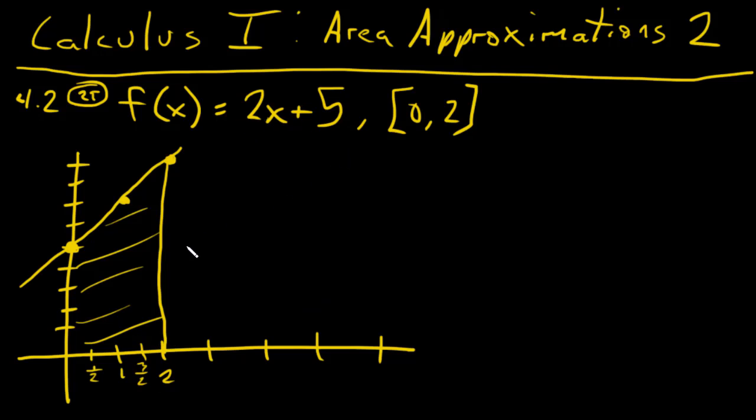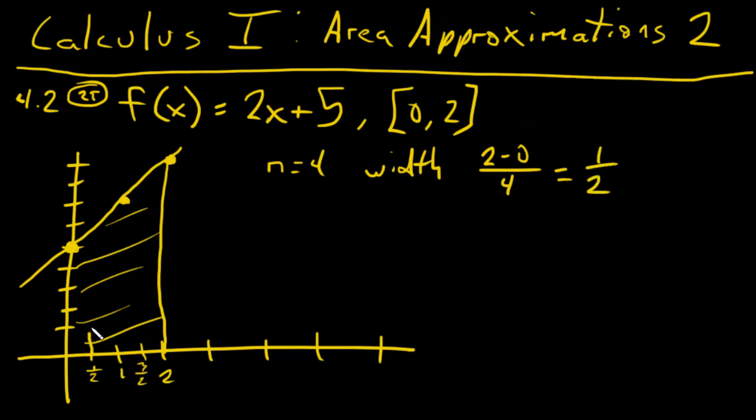Alrighty, if I want to break this into 4 rectangles using the right endpoint, so my width, let me actually do that. If n equals 4, the width is going to be b minus a, so 2 minus 0 over the number of rectangles, 4. So each one is going to be 1/2.